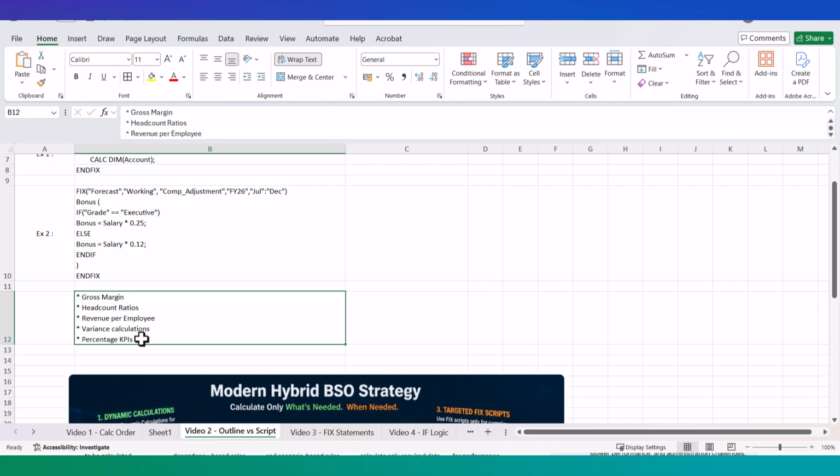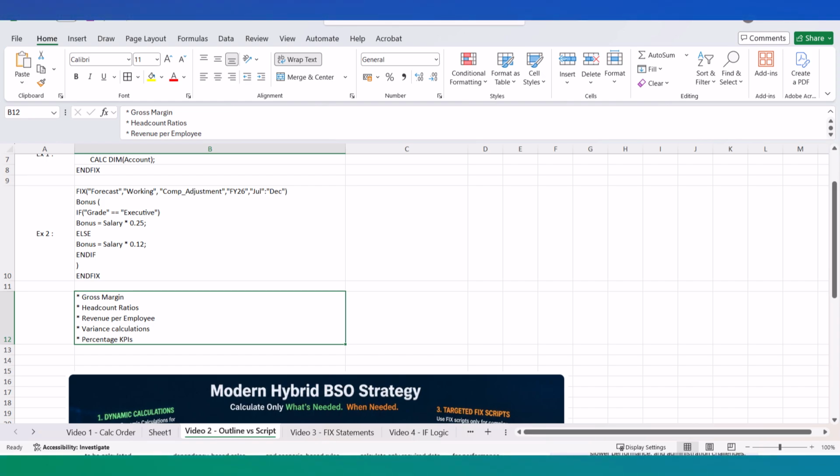Similarly, headcount ratio, revenue per employee, and percentage KPIs all remain consistent in their formulas. So we can use outline formulas or outline logic for these. Dynamic formulas will work very efficiently in hybrid because parent aggregation often happens dynamically during retrieval. But for heavy allocations, iterative logic, data movement, or scenario-specific processing, scripts remain essential.